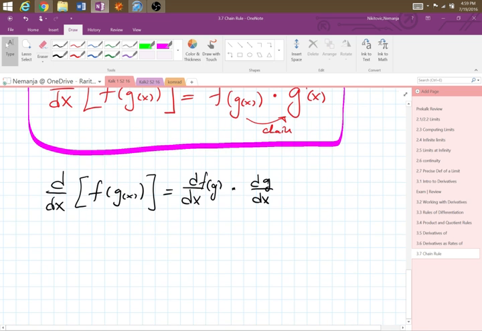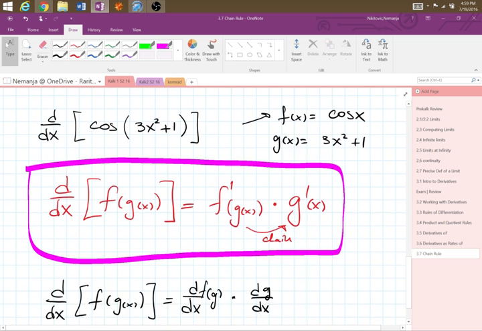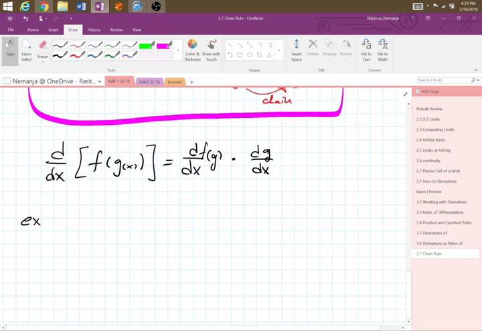So let's take a look at an example, maybe the one that we just had. Cosine of 3x squared plus 1. So we are supposed to find this derivative. Well, we already know that the outer function is cosine. So what's the derivative of cosine?